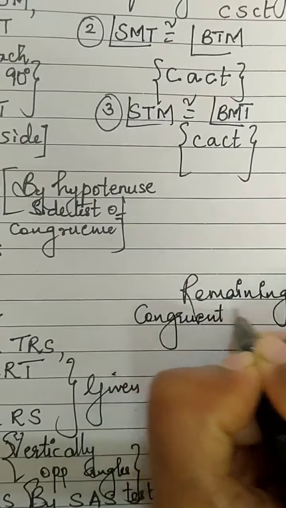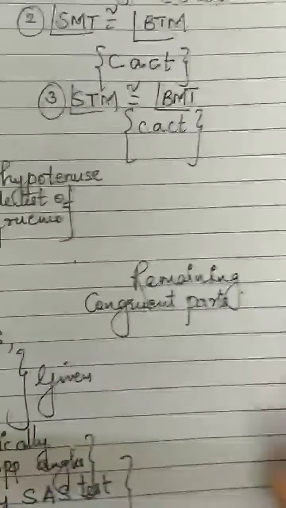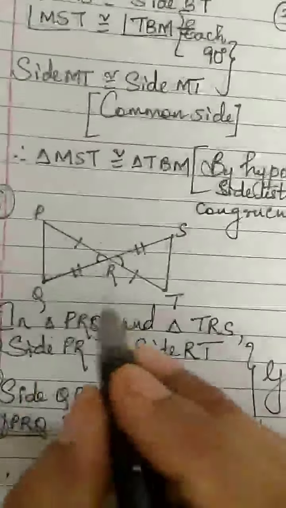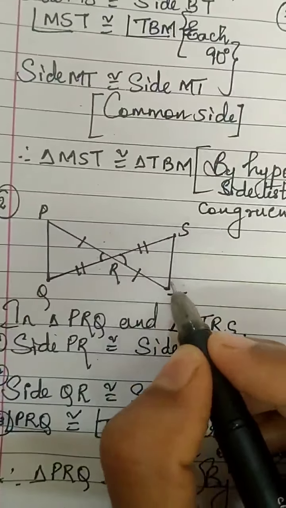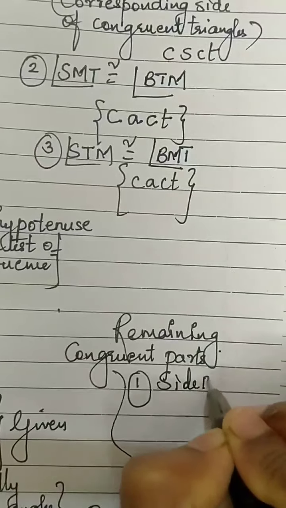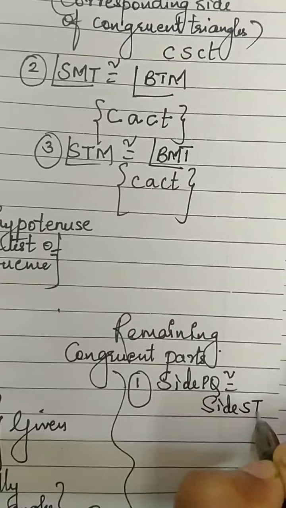Which are the remaining congruent parts? First one, as we discussed, side PQ congruent to side ST.